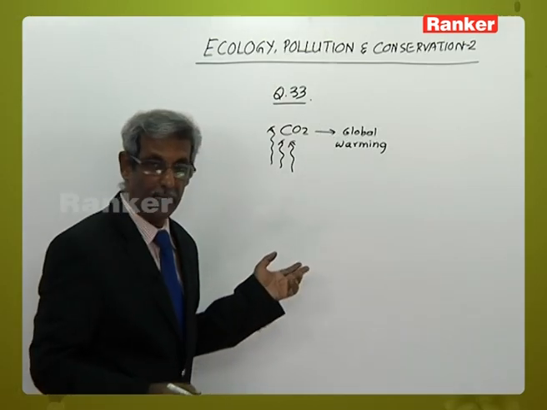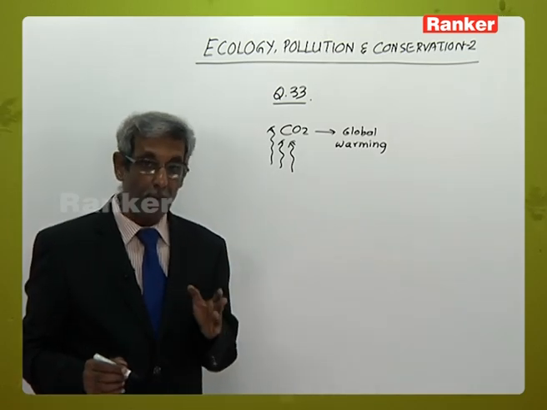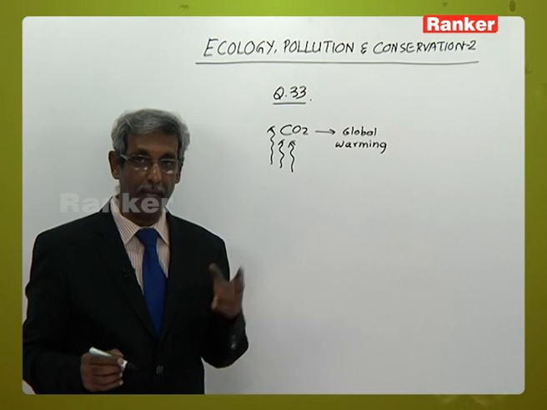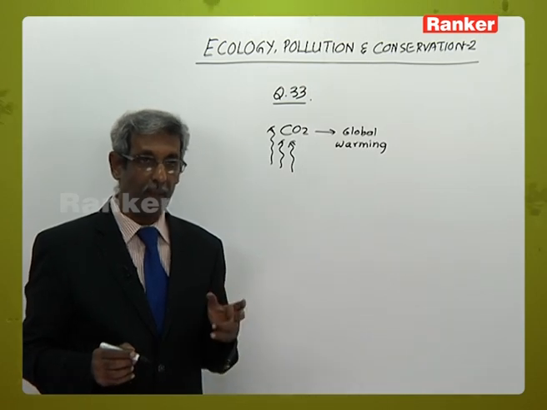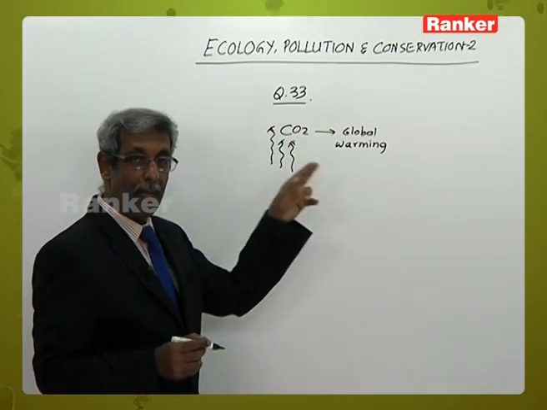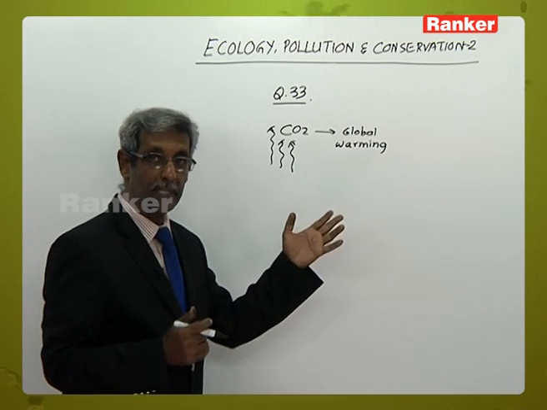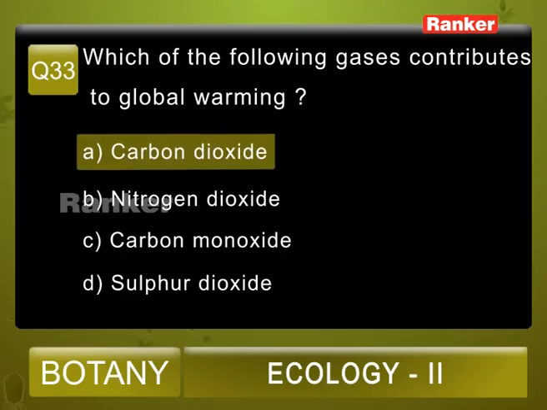High carbon dioxide content, whereas nitrogen relates to air pollution, carbon monoxide again with automobile pollution, sulfur dioxide with relation to acid rain. So, carbon is a basic culprit, hence we talk in terms of the carbon footprint. The answer is A.